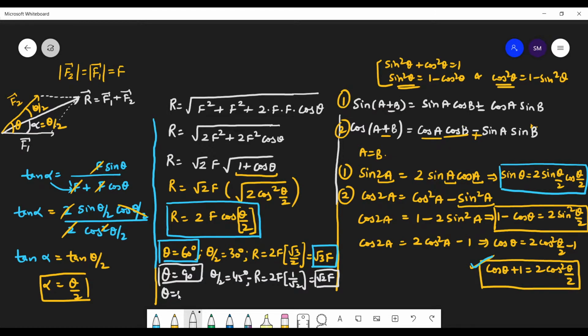Now what about theta is equals to 120 degree? Theta by 2 is equals to 60 degree.